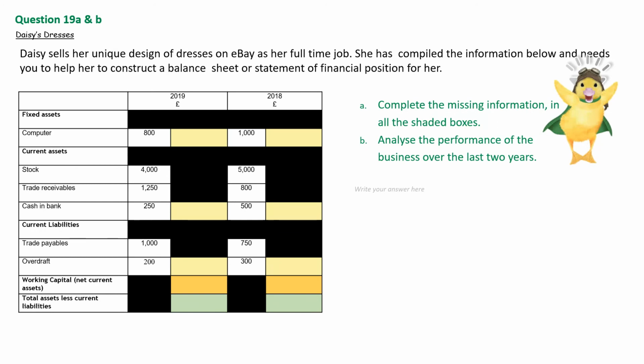A. Complete the missing information in all the shaded boxes. Remember what you need to do for the pale yellow boxes. If you can't remember, go back to question 16 on slide 16 and double check what the pale yellow is asking you to do. Next, calculate the gold boxes. Remember the command word is changed to calculate, and it's net current assets.